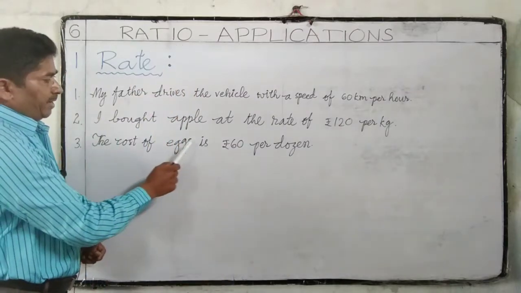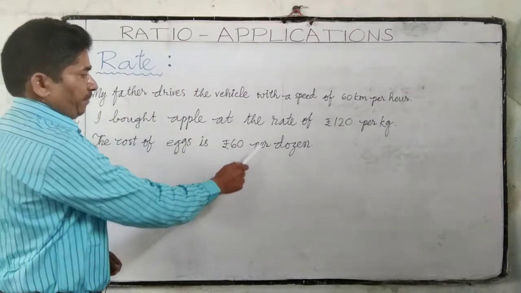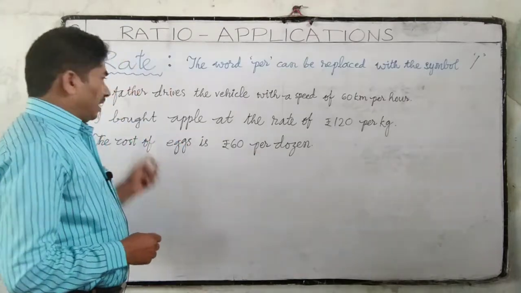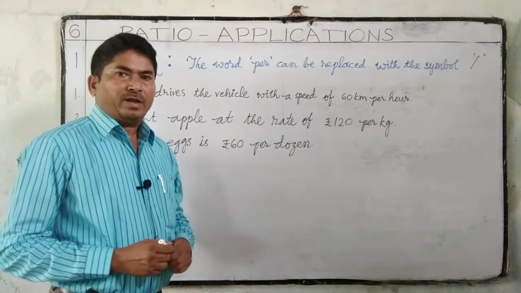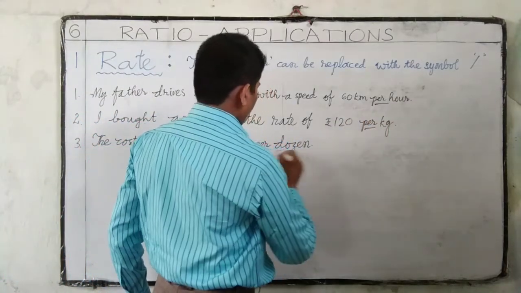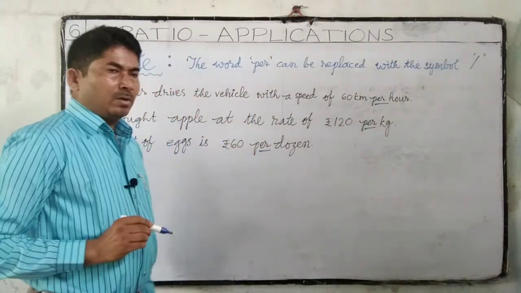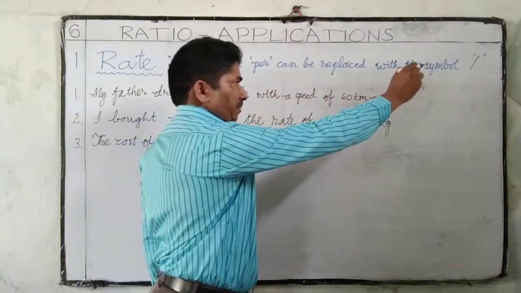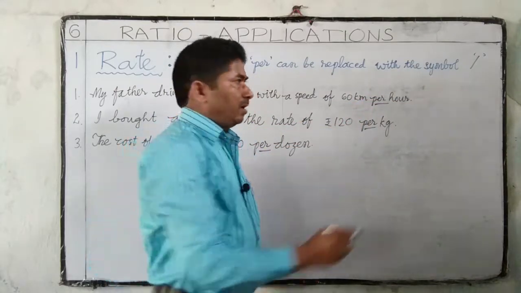The cost of eggs is rupees 60 per dozen. In all these three sentences, we have the word per. The word per can be replaced with the symbol oblique or per.